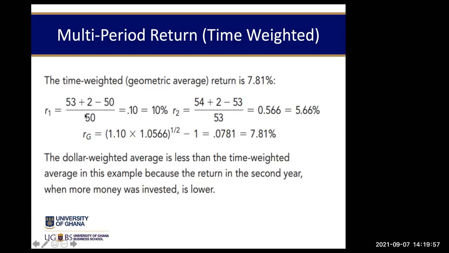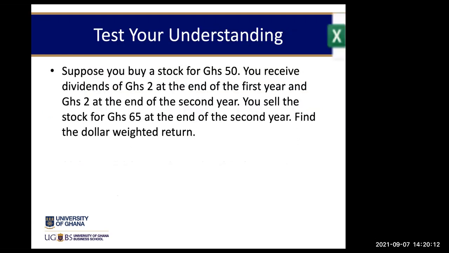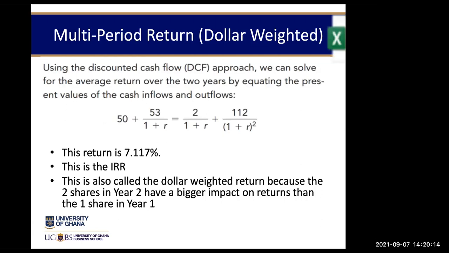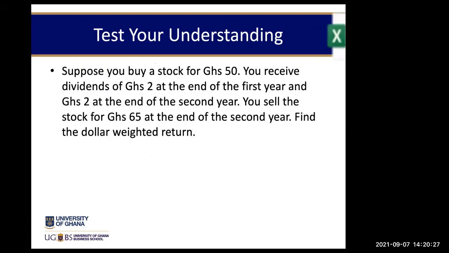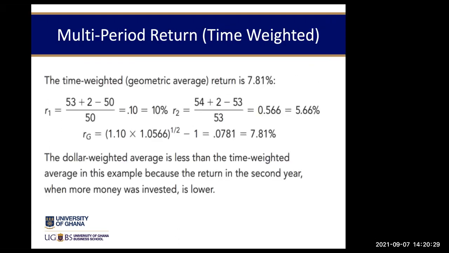So note here that we are computing the time weighted return. In year 2, we don't use the total amounts, or the total number of shares. That's a difference. If you remember, for the dollar weighted return, we actually looked at the total amounts. But here we are interested in calculating it as if we own 1 share. So we are more interested in the time, not the total dollars received.